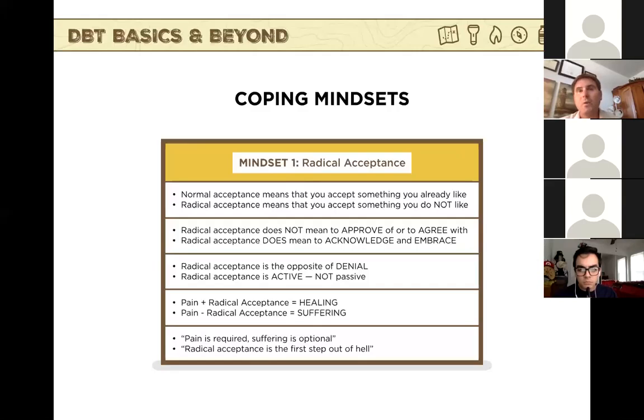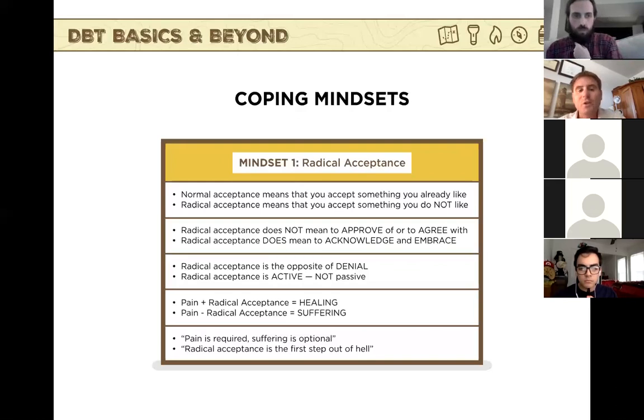That's actually not quite what radical acceptance is, right? It's not a passive process. It is active, right? If there's something to be done, by all means, do it. But radical acceptance starts with what is, right? We can't change reality until we know what reality is, until we've embraced it.